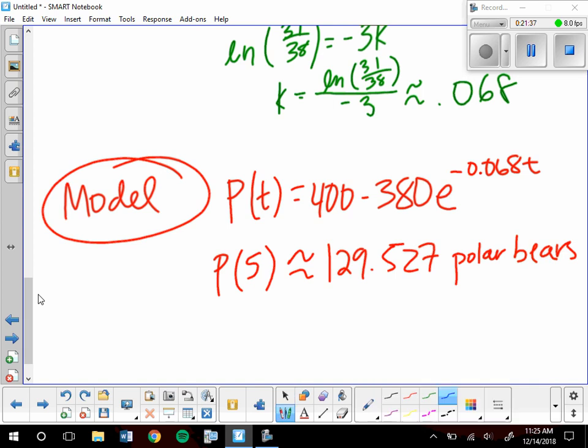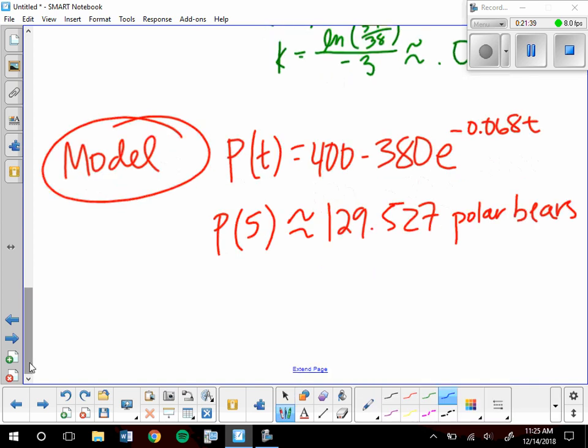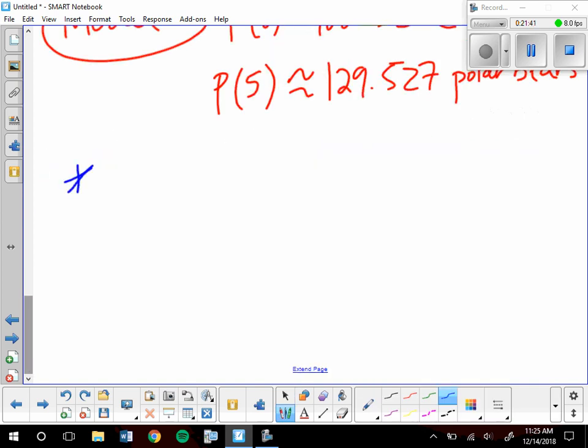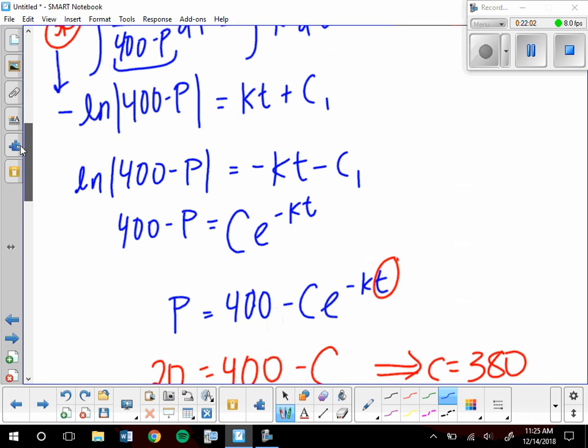There is one more thing that I want to talk about with this, which we're going to get into more fully in a little bit. I want to know, when does dp/dt equal 0? And think about what that means. When is the rate of change 0? When is the population not growing?